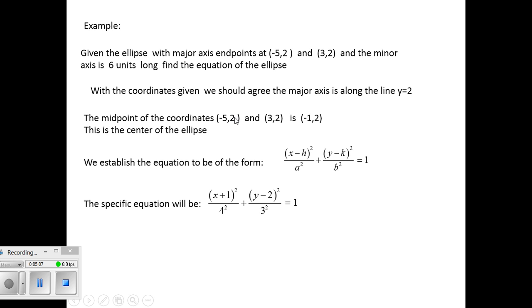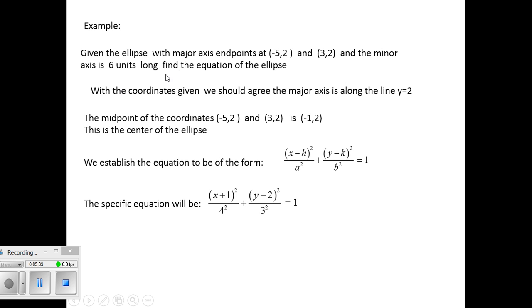The midpoint of those is of course going to be the center, which is going to be at (-1, 2), okay? From there we can find our h and k values. Given the major axis endpoints here, the major axis spans from -5 to 3, so that's a span of 8 units, so the a value is going to be 4, okay?